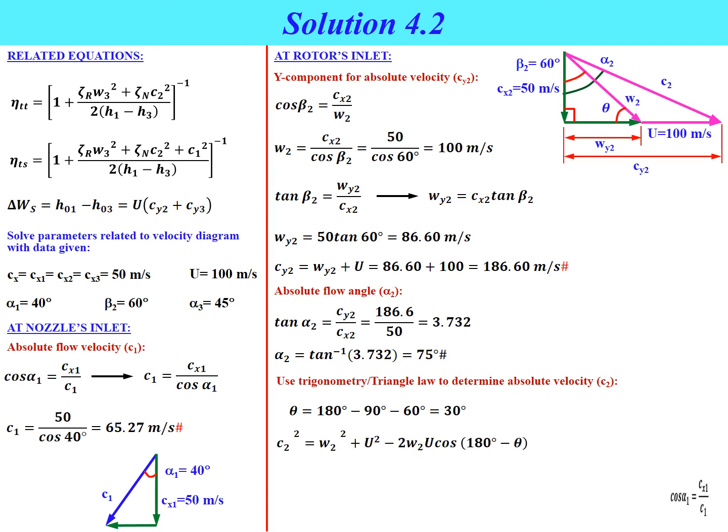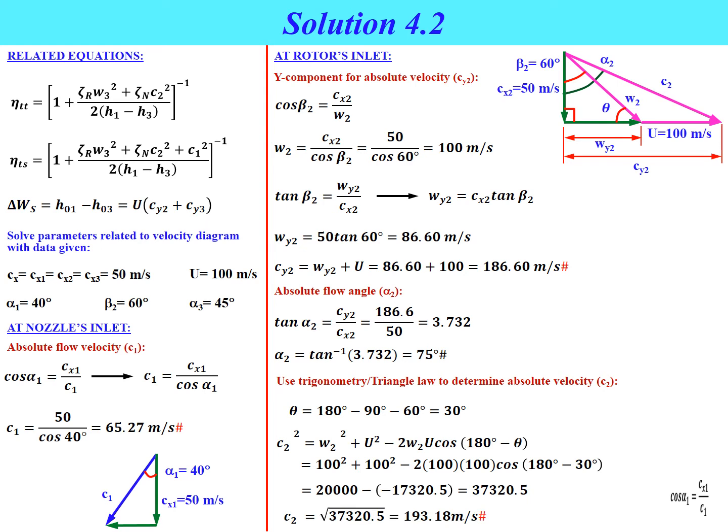So from the triangle, we can use the value of theta and the equation involved with the triangle, where C2 square equal to W2 square plus U square minus 2 W2 U cos of 180 degree minus theta. So from this equation we can determine the C2 value, which is equal to 145.46 meter per second.